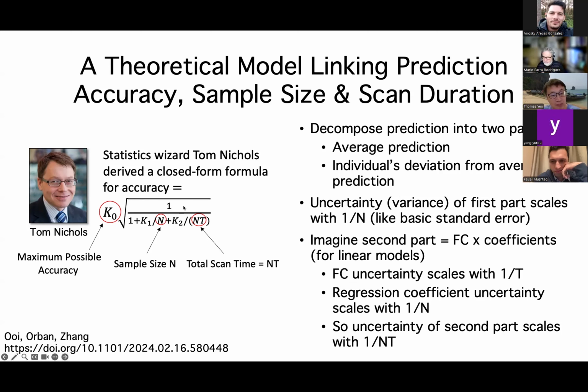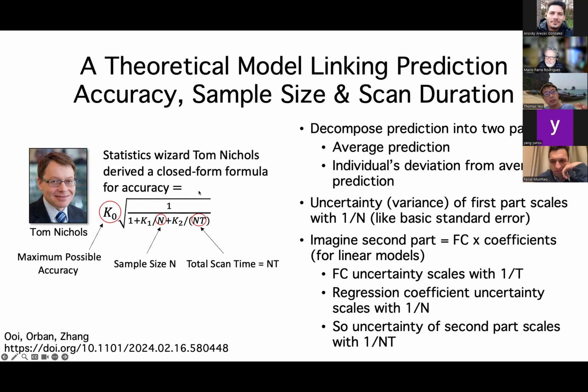This is an oversimplification. We make certain assumptions. For example, we assume that the fMRI time course is stationary. This means that the statistics are the same at the beginning of the scan and at the end of the scan, which might not be true. The derivation also does not tell us the relative importance of the 1 over N term and the 1 over NT term.